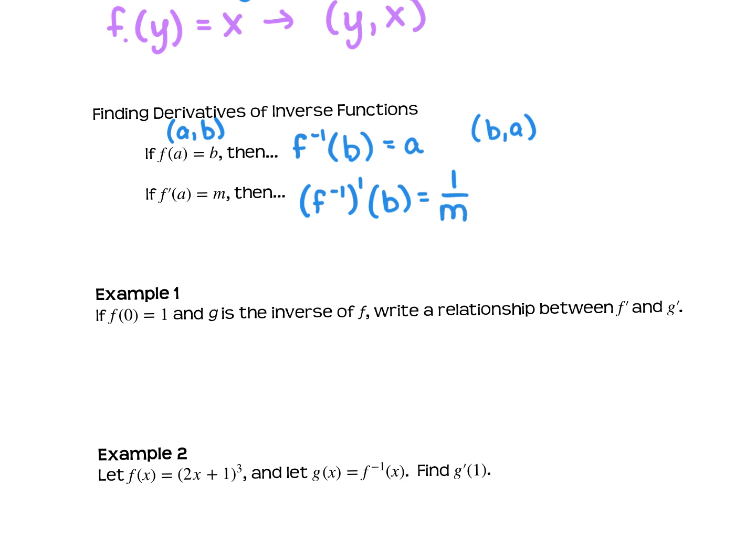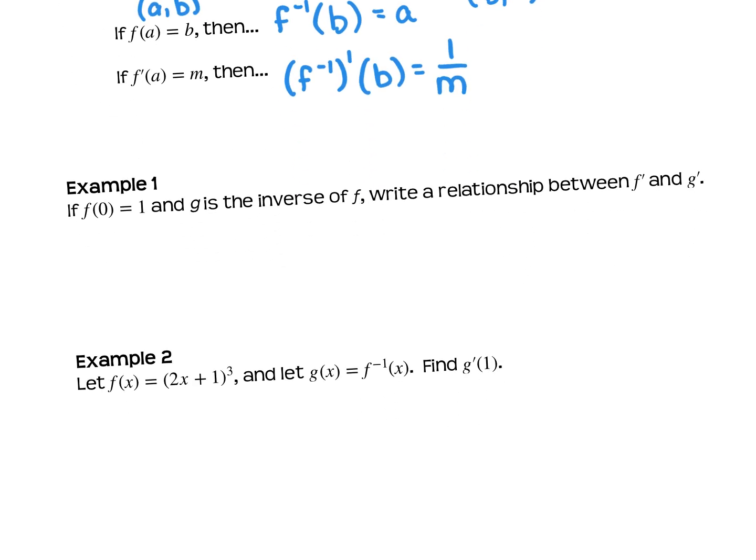I actually think that sounds a lot more confusing than some of the problems we're going to do. But basically, for the derivative of the inverse, we have to look at point b instead of point a, and then we have to do a reciprocal of that derivative. Okay, so let's head down here. Like I said, I think once we get some numbers in here, this will make a little more sense.